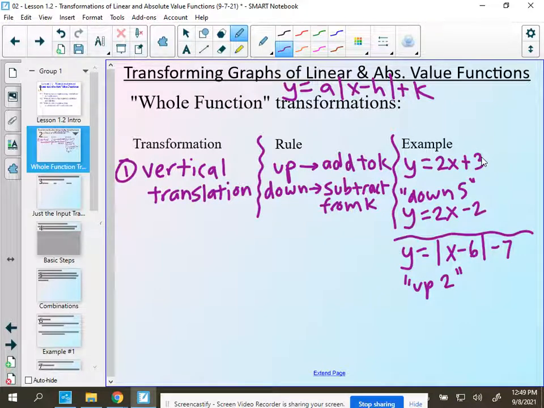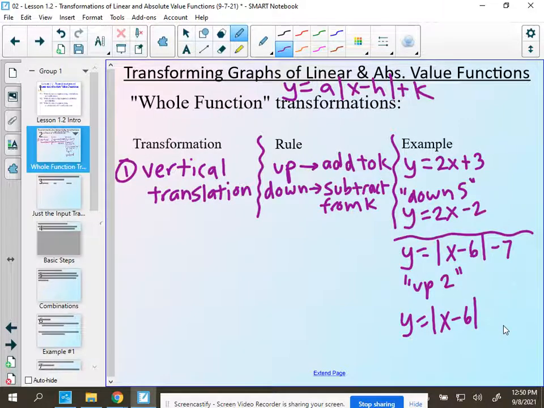So up says, what's the rule? Add directly to k. We want to go up, so we're going to add 2 to k. There's my k value, in that k position I've referenced now a few times. So we would end up with y equals the absolute value of x minus 6. Notice nothing's going on inside there. That's h. We're not going to address that. And I'm going to add negative 7 plus 2 because we're going up.